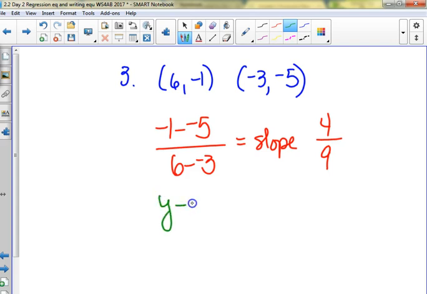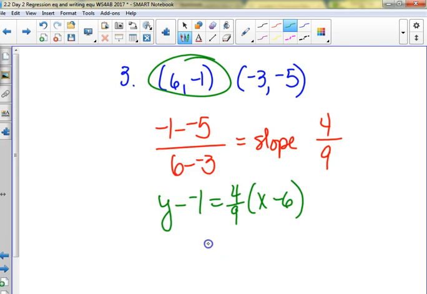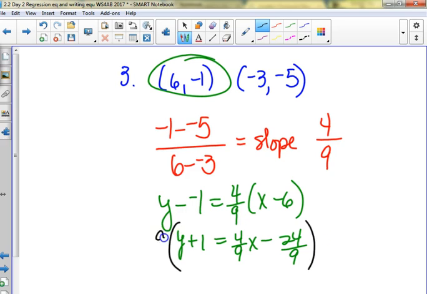I did a lot of point slope. Put this point in. Okay, if I distribute, it says I have to do this in standard form. So at some point I have to get rid of all the what? Get rid of all the fractions. So I'm going to multiply everything by 9 at this point.